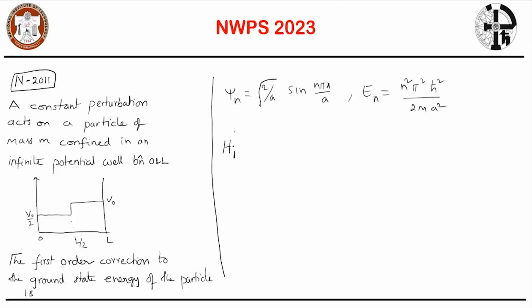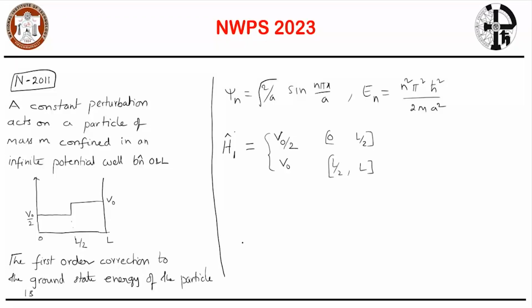Let me write the perturbation. The Hamiltonian gets added V0 by 2 for the 0 to L by 2 region, and it becomes V0, a constant added, for L by 2 to L. When you subject your system to this kind of constant perturbation, how does the ground state energy change?